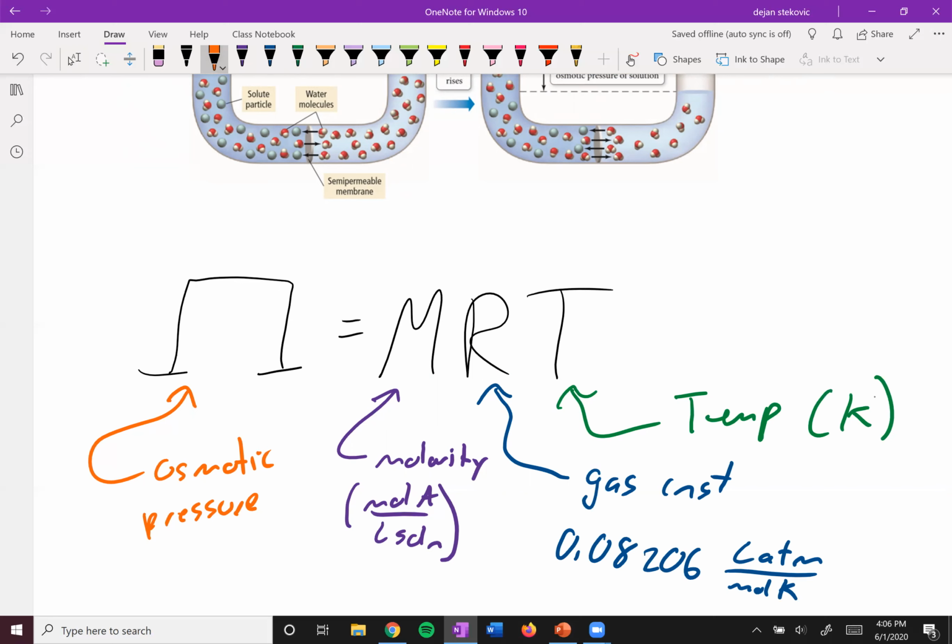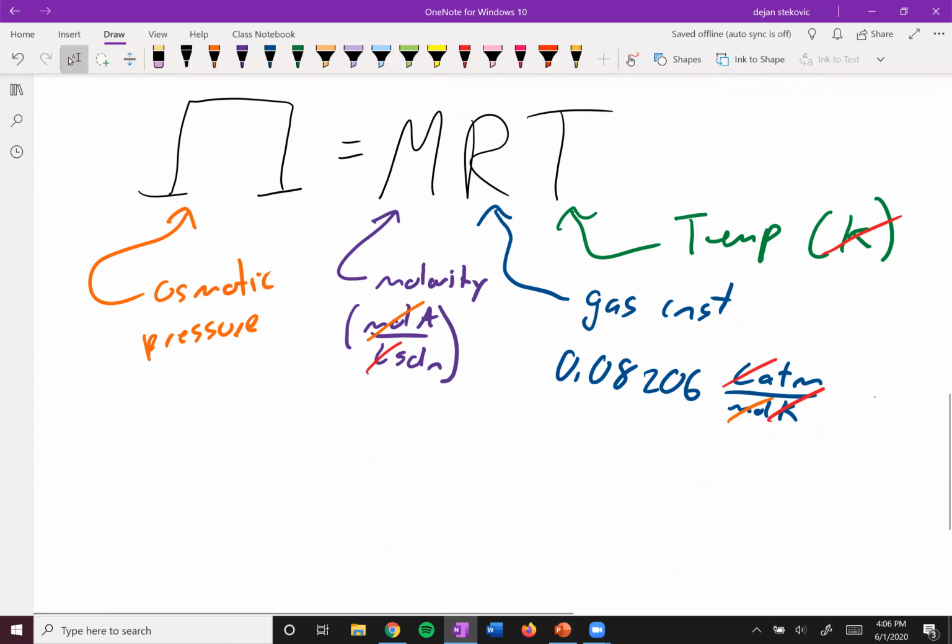If you look at the units, moles cancel with moles, liters cancel with liters, and Kelvin cancels with Kelvin, leaving atmospheres, a unit of pressure, so it makes sense for osmotic pressure.